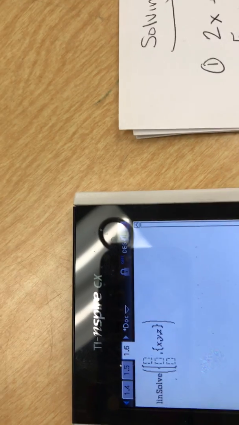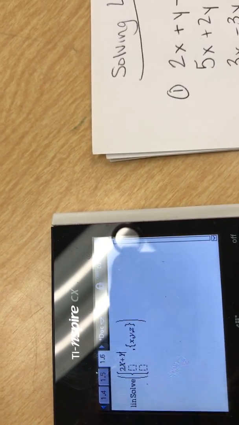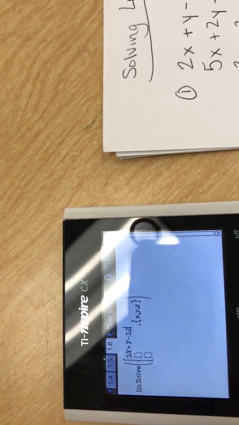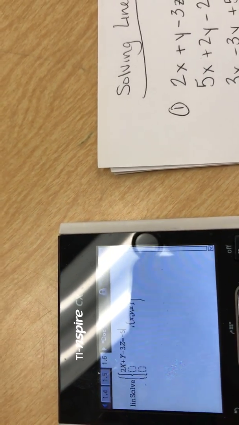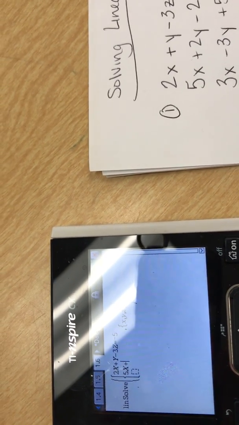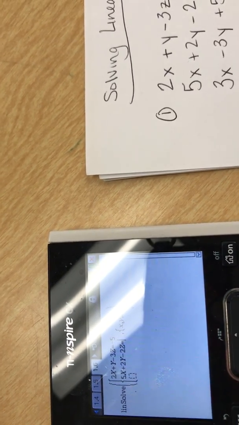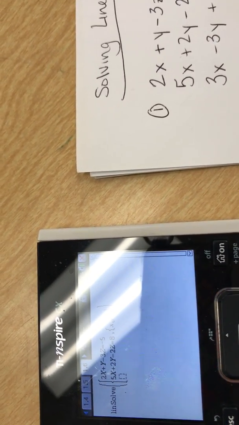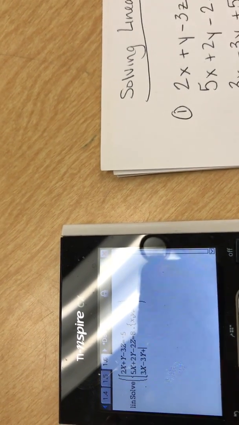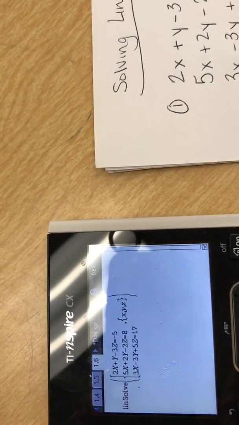Okay, so you start typing it in. 2x plus y minus 3z equals -5, and 5x plus 2y minus 2z equals 8, and 3x minus 3y plus 5z equals 17.